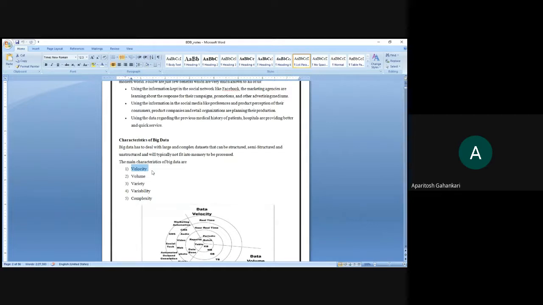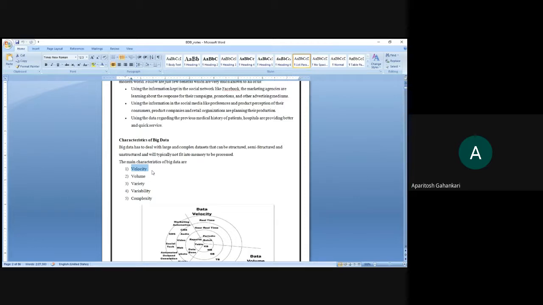And at what speed are we generating data globally? Social media platforms like Facebook, Instagram, WhatsApp are getting utilized, and millions of people are using them for communication. So velocity is huge, and as the velocity is huge, the volume is also huge.